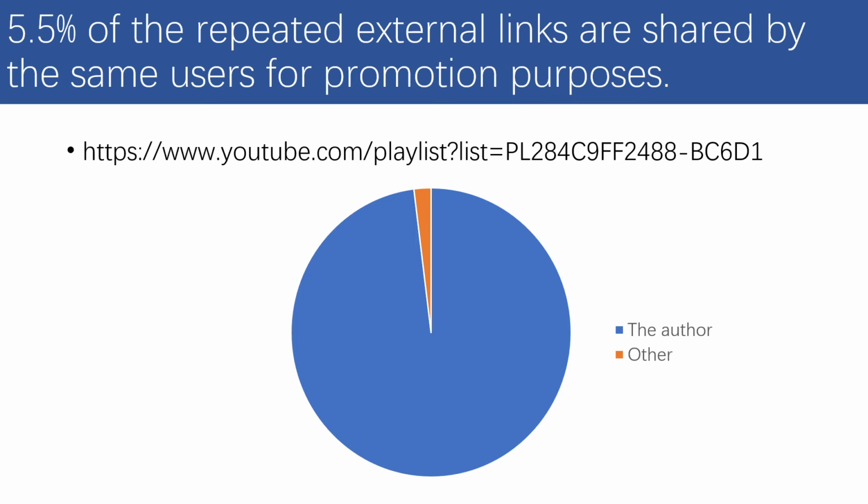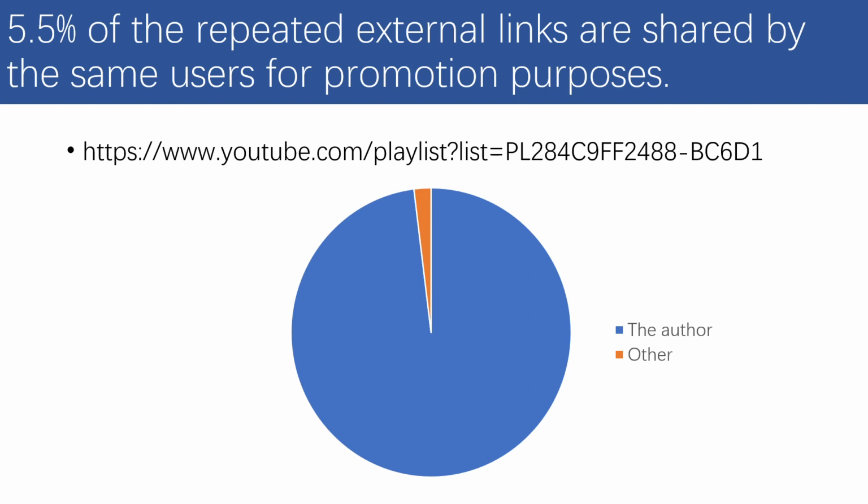However, only this one user shares this external link, indicating its value is not well recognized by other users. This practice would lead to other useful links being hidden within a large number of external links that are repeatedly shared by the same Stack Overflow users. This makes it difficult for viewers to discover other more relevant links.